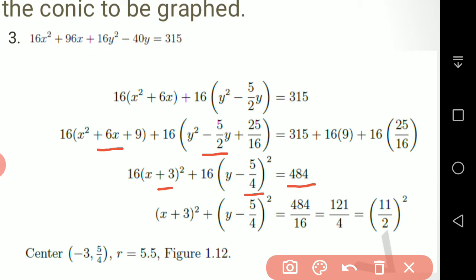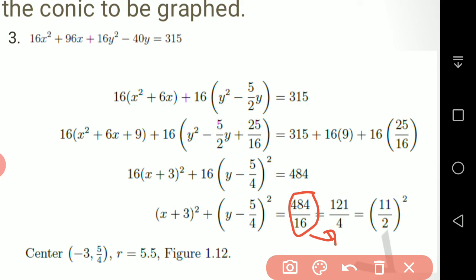Then we remove 16 in this equation, so we divide by 16. 16 cancels there, 16 cancels there, so you have only 484 over 16. Simplifying it any further, 484 over 16 can be simplified as 121 over 4.